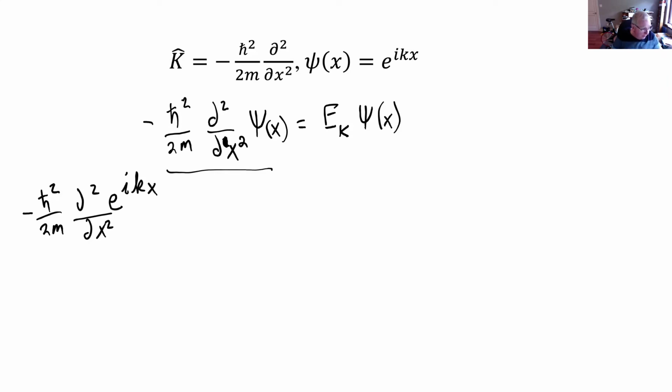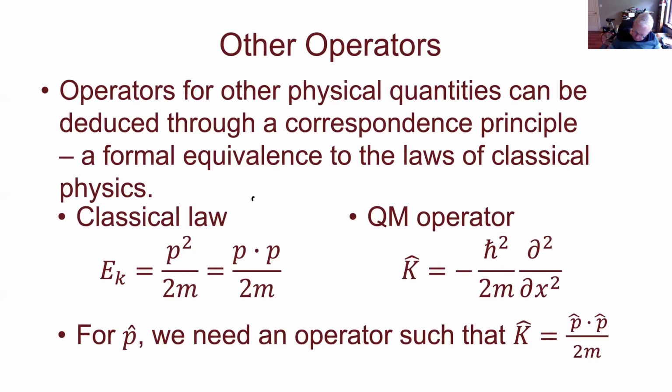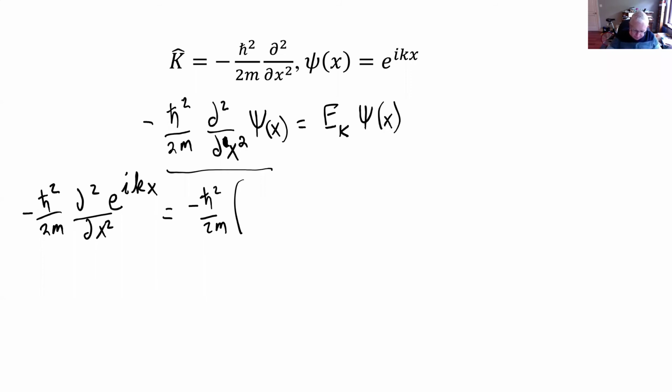When I do that, I'm just going to go ahead and figure out what I'm going to get. If I take the first derivative, I'm just going to get ik e to the ikx. So this thing is equal to, I'm just going to keep the minus h bar squared over 2m out here, right? I have to take the derivative again after I've taken one derivative.